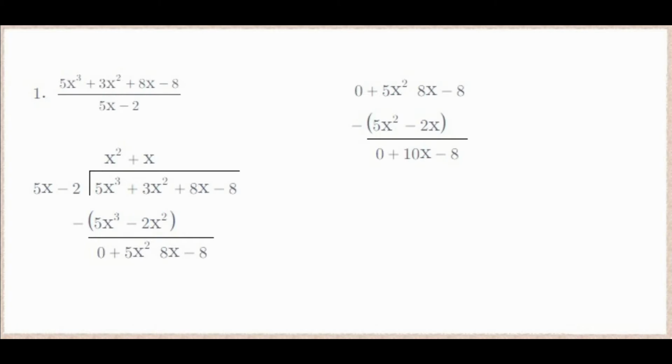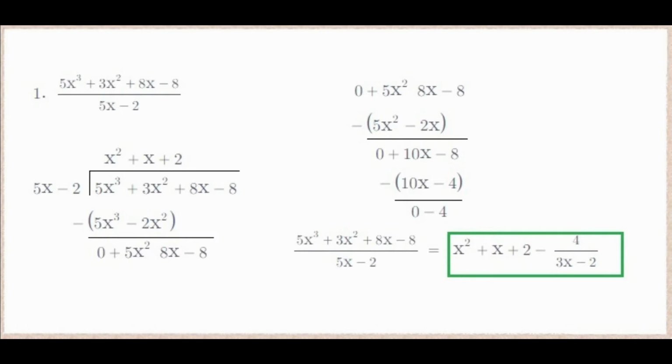Subtracting that, we get 0 plus 10x minus 8. Again, what do we need to multiply 5x by to get 10x? That's 2. So we have 10x minus 8. Subtracting that, we then get 0 minus 4.